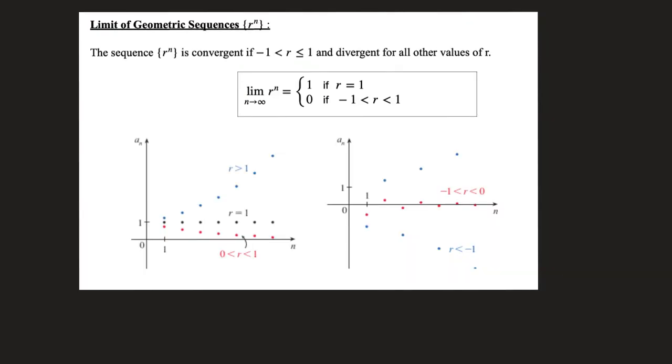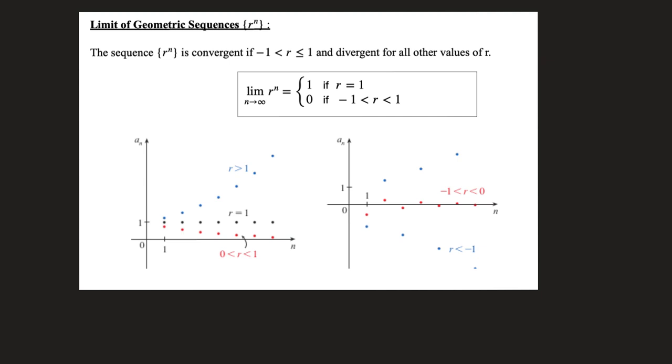Next we're going to discuss the limit of a geometric sequence. A geometric sequence is a very popular sequence. It depends on the common ratio. The geometric sequence might be convergent, might be divergent. So you have to be very careful with the common ratio, guys. For example, R is the common ratio. R is greater than 1.